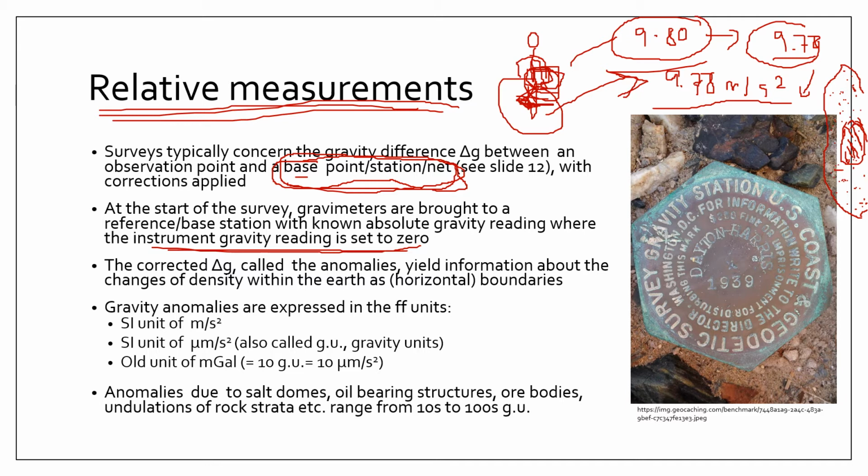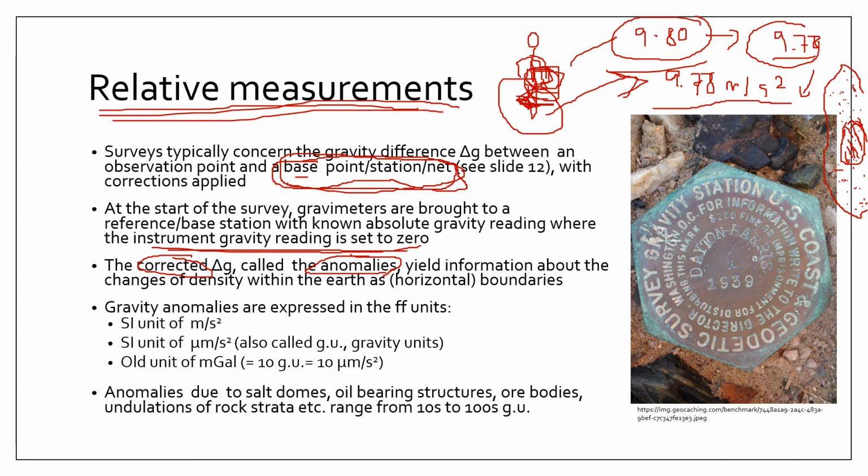Right. So after taking all those readings, we also apply corrections, which we will be discussing later. And our final product is the gravity difference between the base station and the survey points, and we call that anomalies.